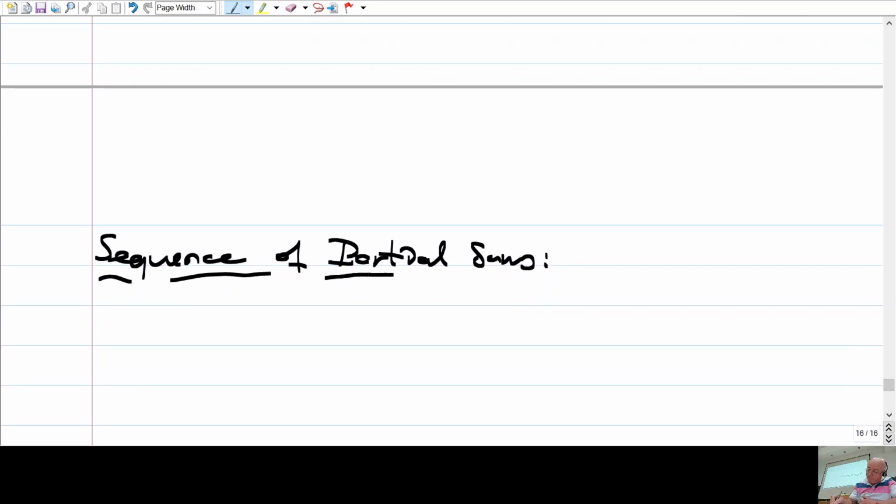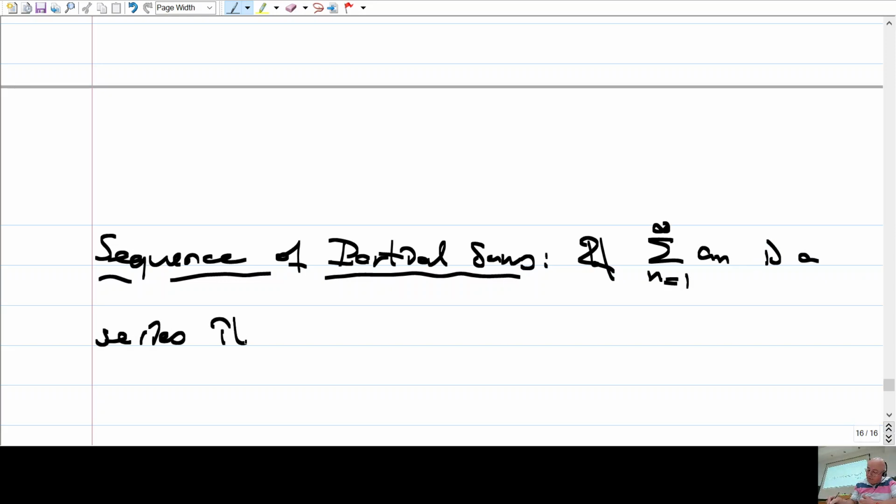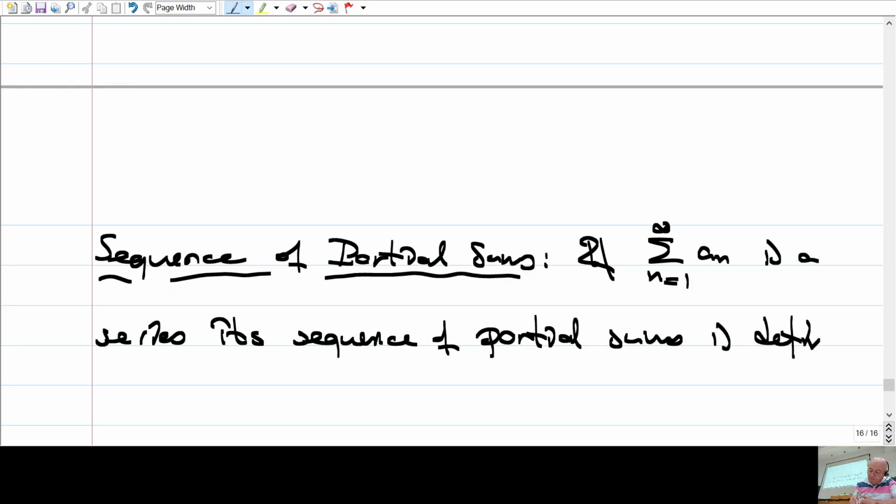If the summation from 1 to infinity of an is a series, its sequence of partial sums is defined as follows.